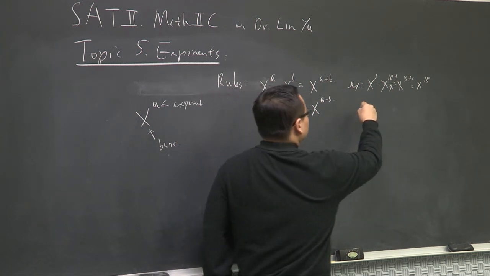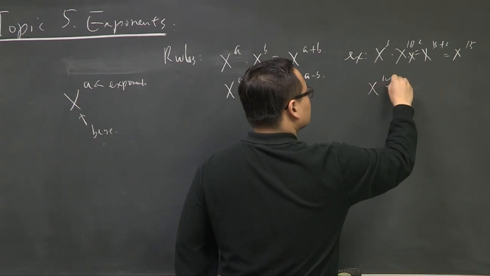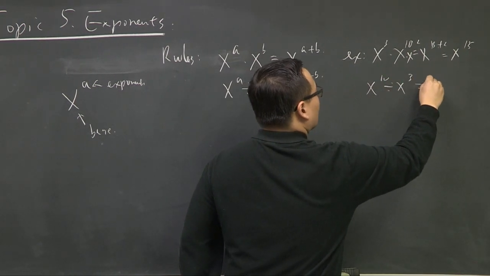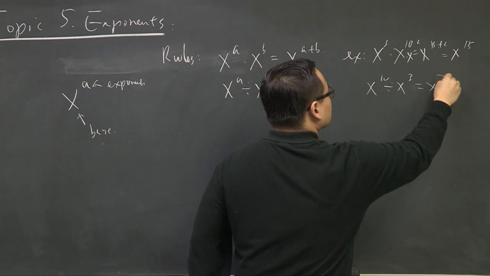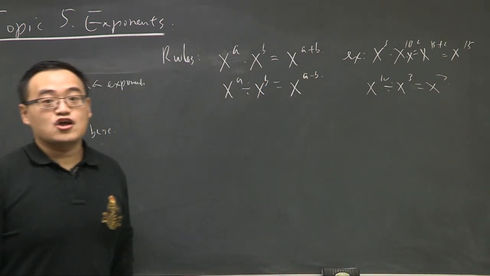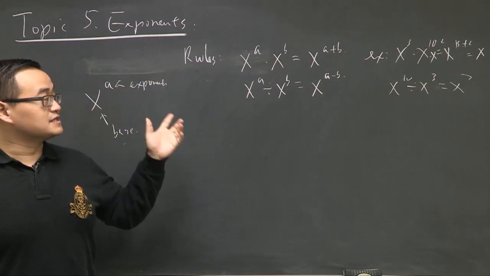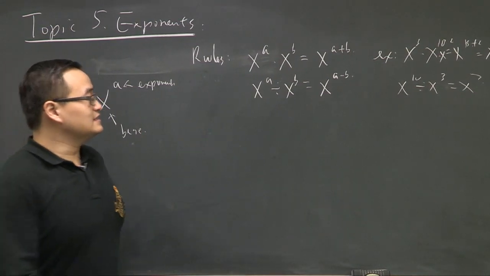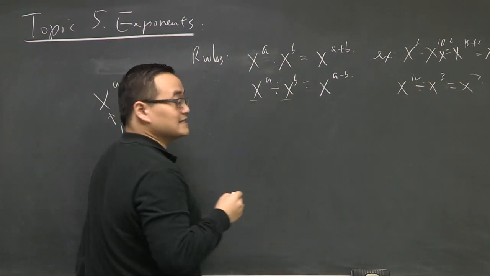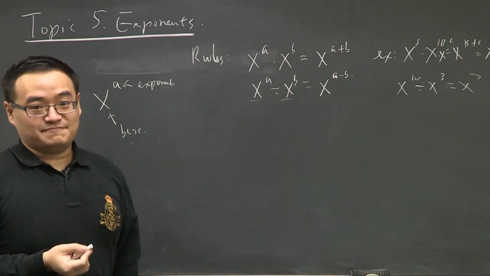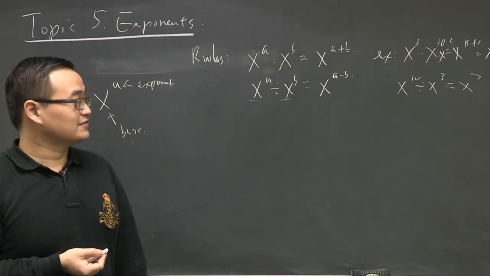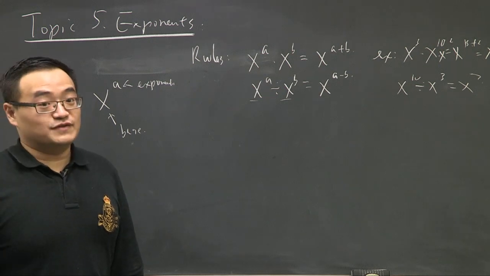If you have x to the 10th divided by x to the 3rd, all you do is get x to the 7th. One thing you want to make sure of is that your base has to be the same. Otherwise, it doesn't make any sense.